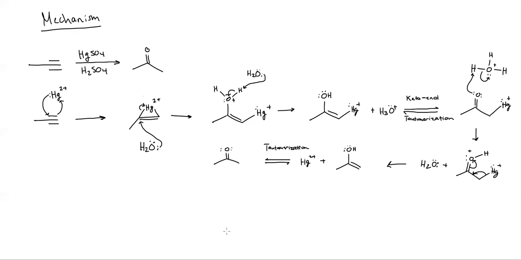That's it. So then I get my product, right? I get my acetone out of this. So I have two tautomerizations in this mechanism, but yeah. So it's similar to oxymercuration, but it's not exactly the same.